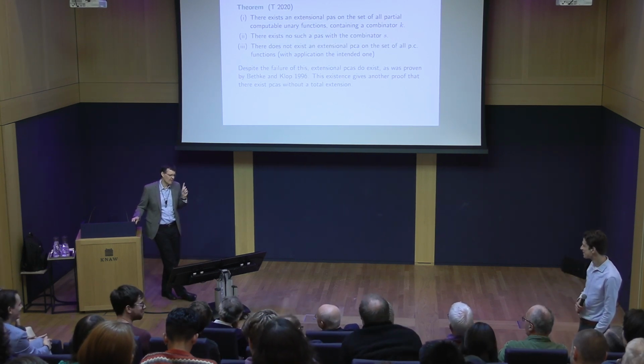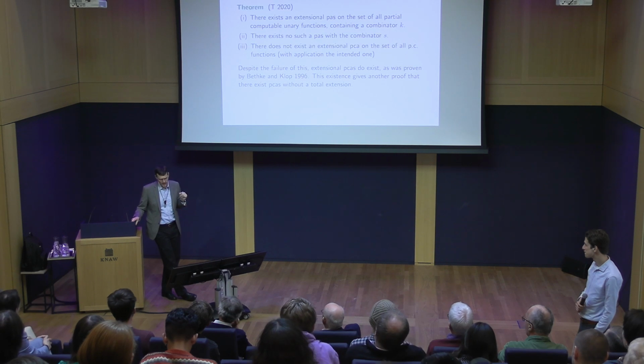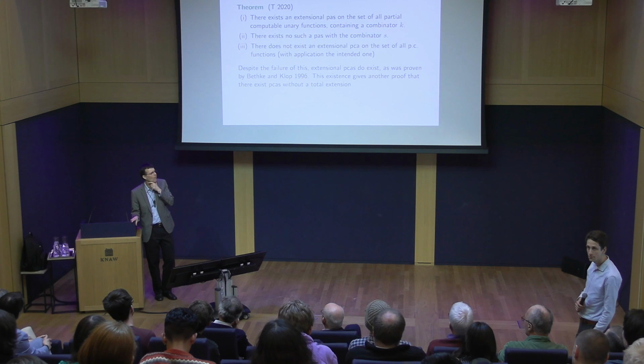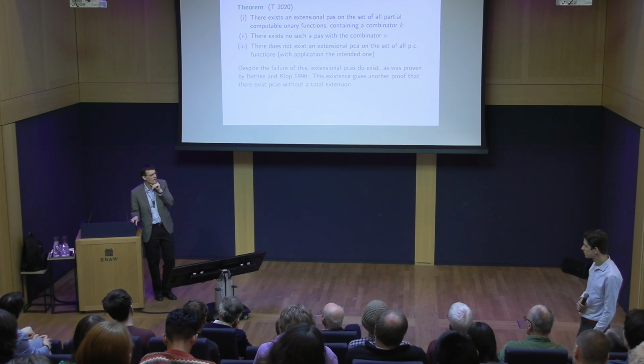We had other examples as well. Like I say, we know that if you have an extensional PCA, those certainly exist. But I don't know what the answer to your question is for those examples. That would presumably be some different argument. But you're right, it should go wrong at some finite level.